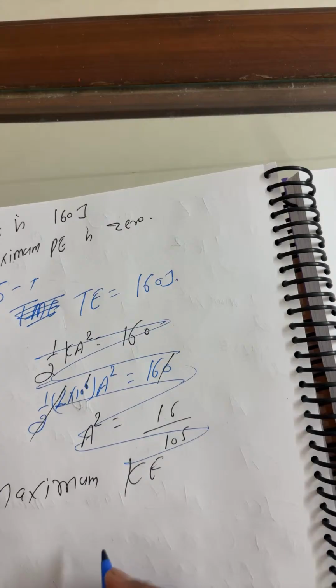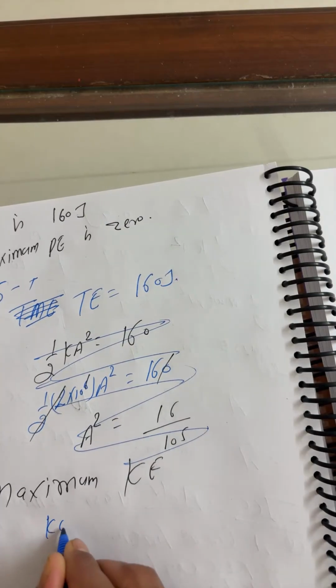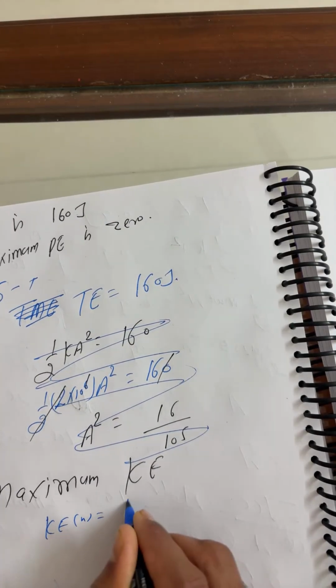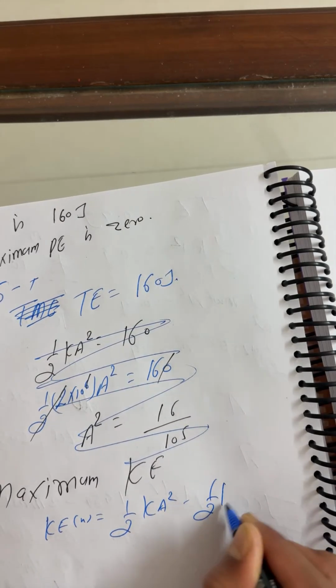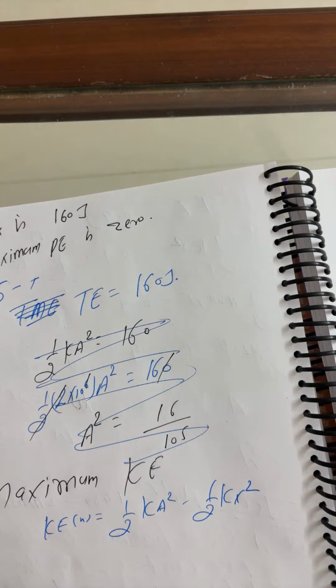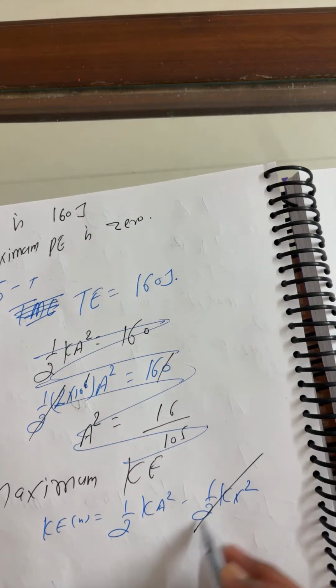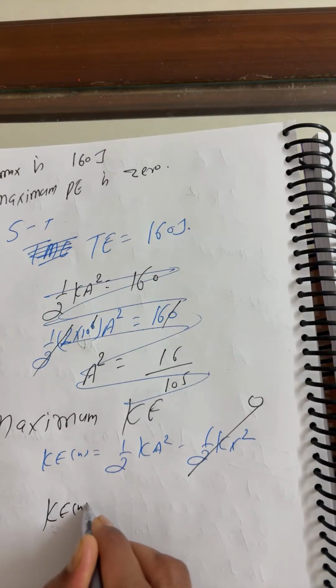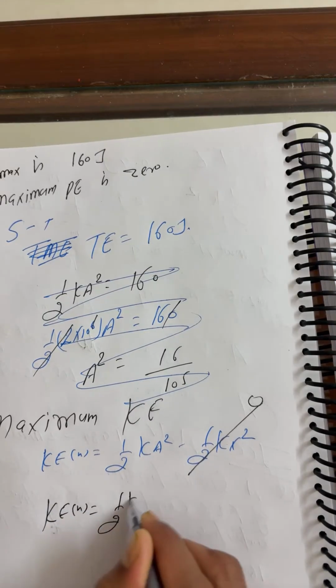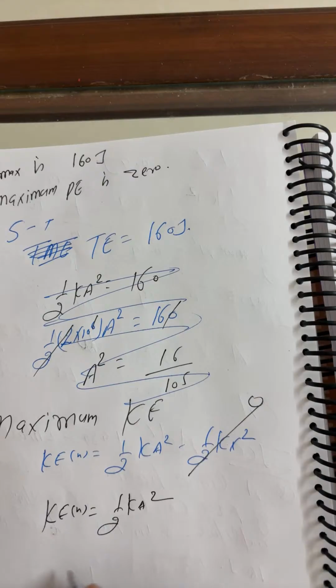You remember kinetic energy as a function of x is half of Ka square minus half of Kx square. To find the maximum, x goes to 0, so kinetic energy is half of Ka square.